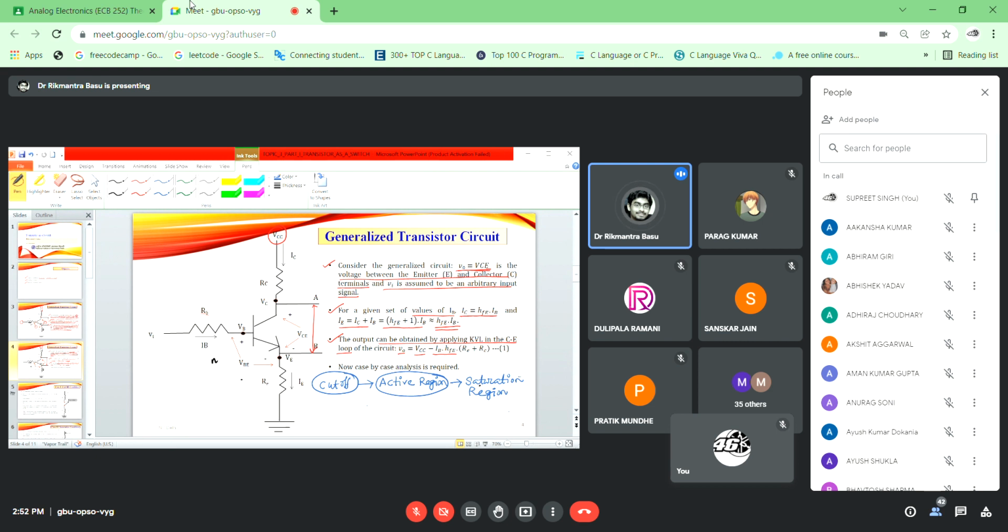So if anyone asks you to design a switch, you can say, yes, very fine, we can operate the transistor in cutoff and in saturation to make it off and on respectively. Yes, that is true, but the design challenge is something more different.